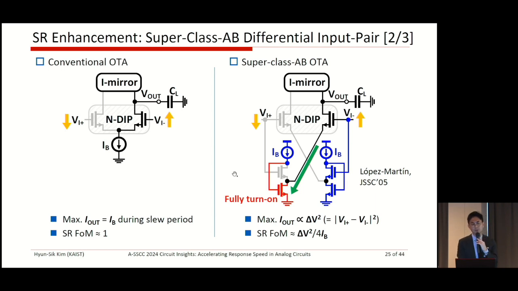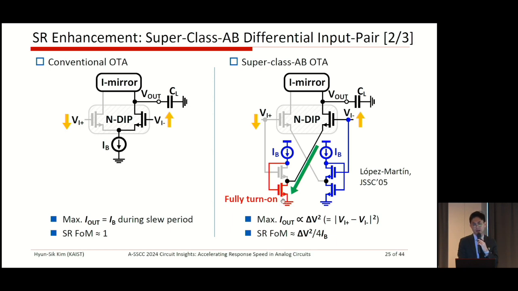But here, the differential pair and the source follower transistors simultaneously turn off. Then this fixed bias current of IB directly pulls up the gate of the bottom-most transistor, so it can be fully turned on without any limitation.